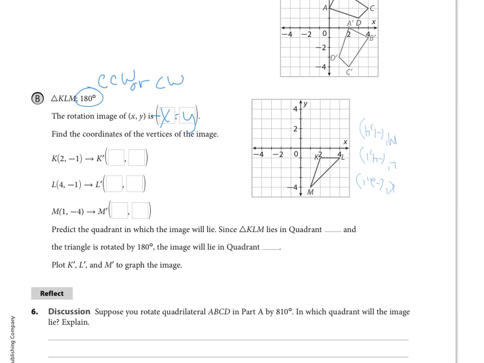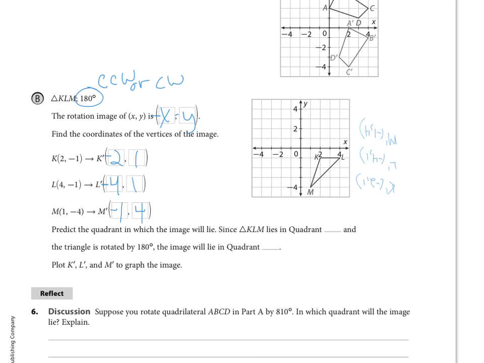Okay, so 2, negative 1, of course, is going to become negative 2, positive 1, and look at that, there's negative 2, 1 for our K prime. Using the rule, 4, negative 1, changing both signs is negative 4, positive 1, and again, that's where we landed. And you can see the same thing happening with M prime. It's negative 1 and positive 4.